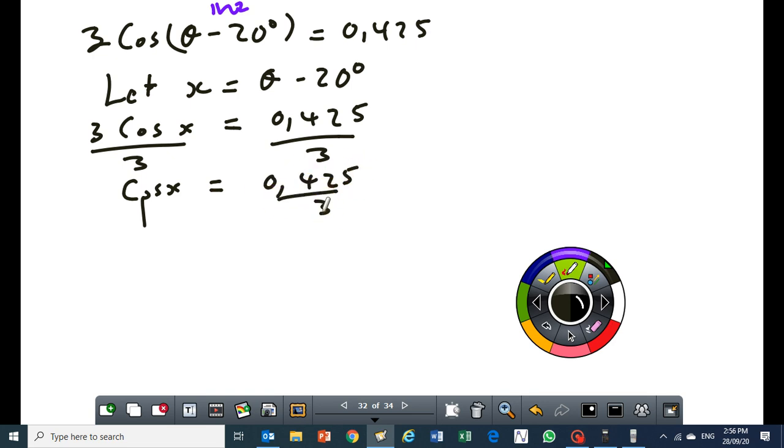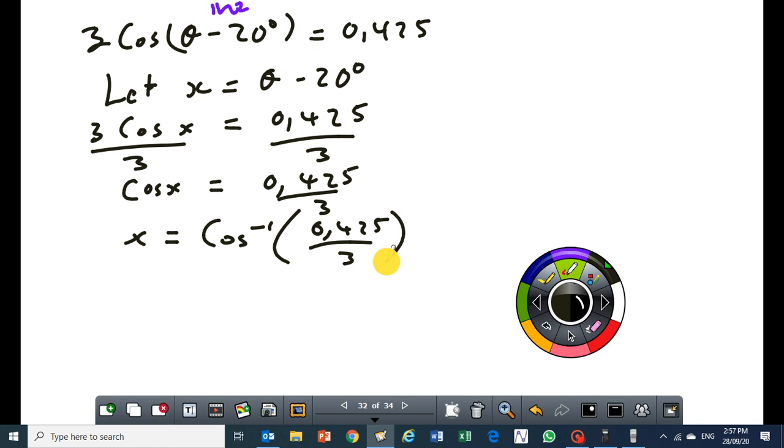The good thing is you are familiar with a trig equation like that, where you have a monomial here, not a binomial. Then you take the cos to the right, and it becomes shift cos of this fraction, 0.425 over 3.